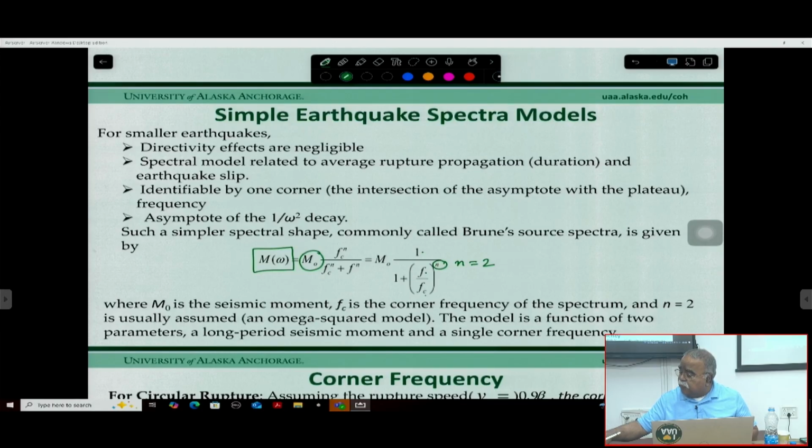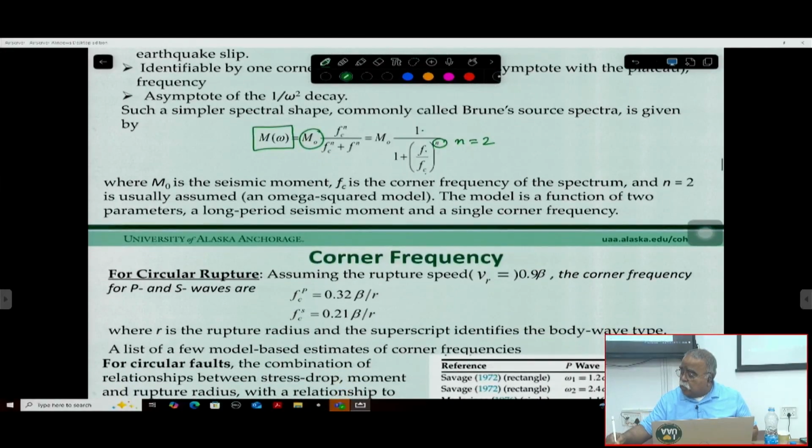If your rupture is a circular rupture, or basically a point source, then the corner frequency for the S wave will be equal to 0.2r into the velocity beta divided by the radius of the fault, the rupture.